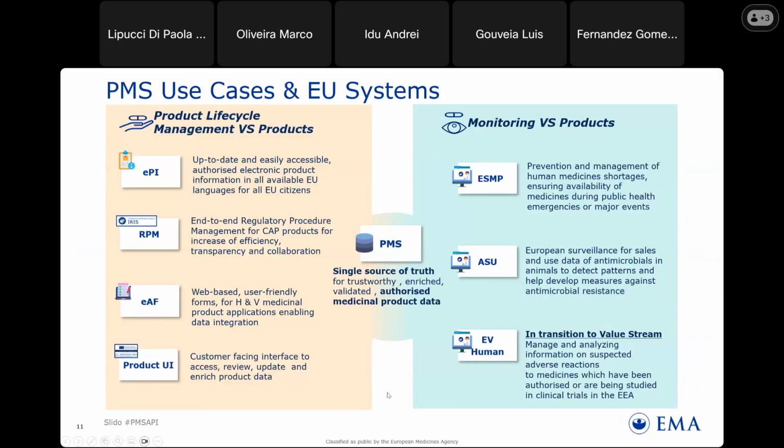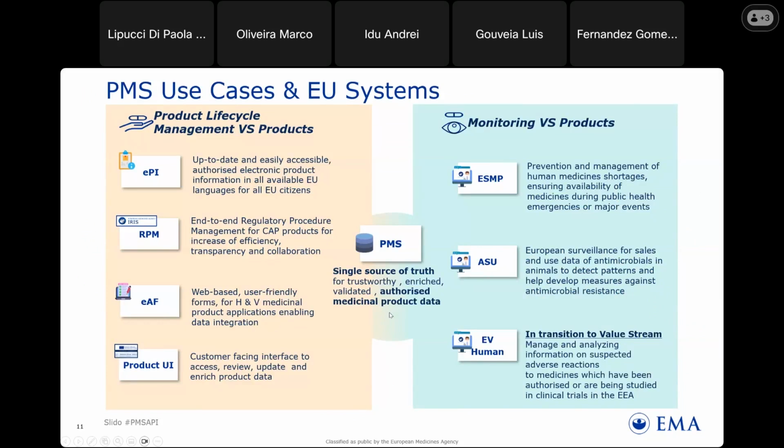Now, guiding you through the different systems, where PMS is used, the use case of PMS, and where we want to go in future. At the moment, we want to have PMS as a single source of truth and of information.